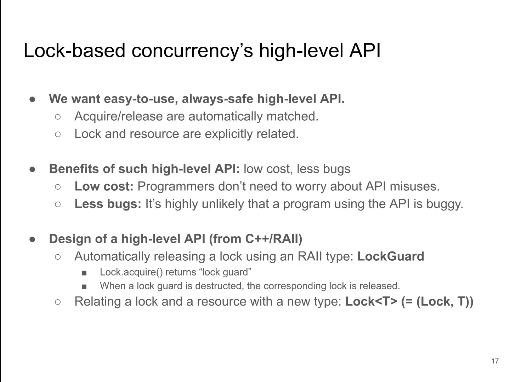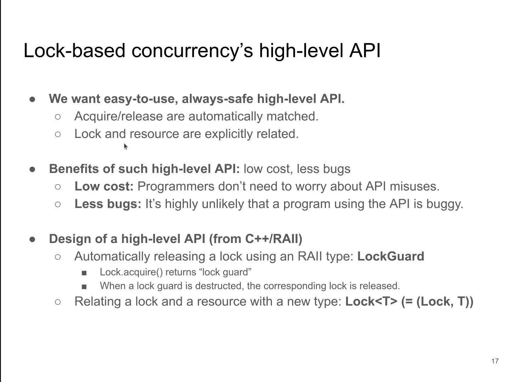So as long as this lock guard is there, and it is not intentionally forgotten about, the corresponding lock that created the lock guard is automatically released, and acquire and release functions are automatically matched. That is basically the intention of this lock guard. And if you don't understand what I'm saying, you probably want to search for this RAII, or resource acquisition is initialization, pattern.